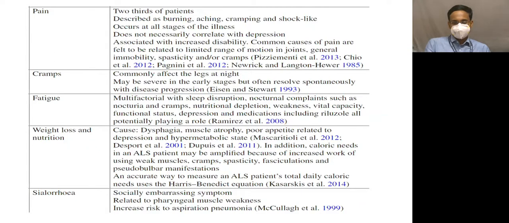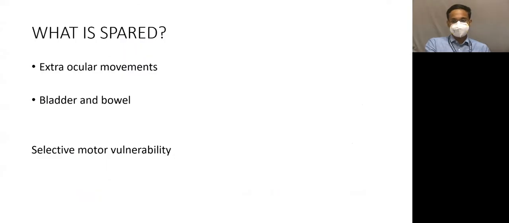When you follow up these patients, these might be the most common symptoms that you are treating them for. And as previously discussed, because of the bulbar involvement, they have significant malnutrition and weight loss, which needs to be addressed, considering they might need a PEG tube. And because of the significant bulbar and pharyngeal weakness, they have significant sialorrhea, which could be a very socially embarrassing symptom, and it might need further treatment also.